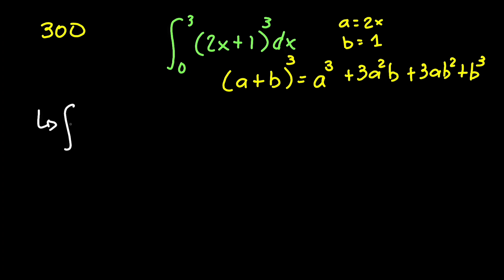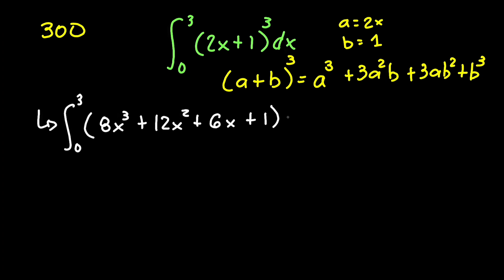So by that, the integral from 3 to 0, this is the expanded form: 8x to the power of 3 plus 12x squared plus 6x plus 1 dx.